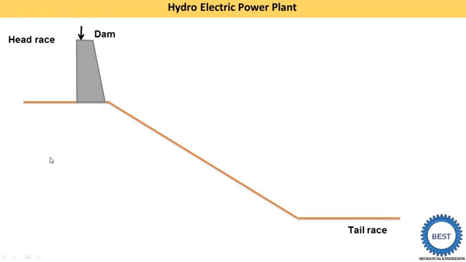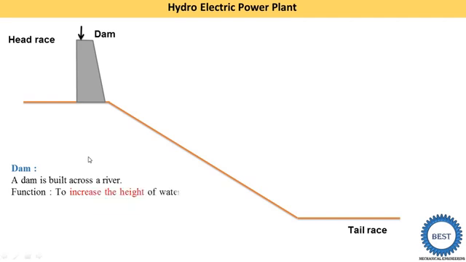Okay, so what is the meaning of dam? The dam is built across the river. That means the dam stops the flow of water in the river. So water is stopped by the dam and is not flowing ahead. The function of the dam is to increase the height of the water level behind the dam.